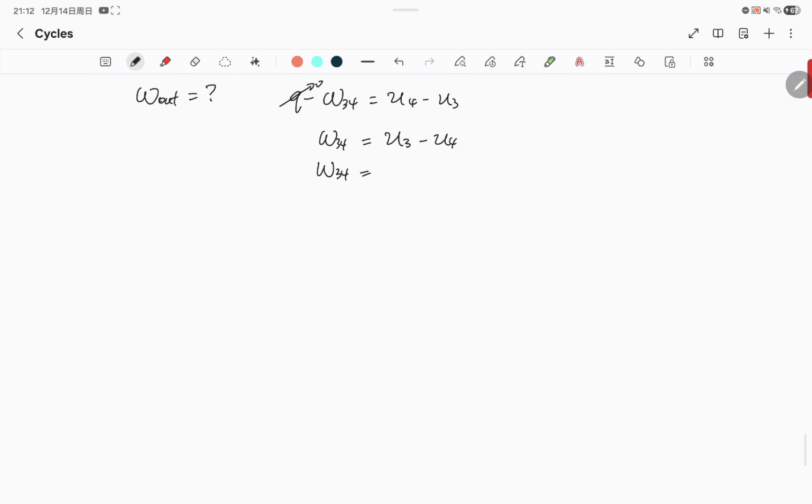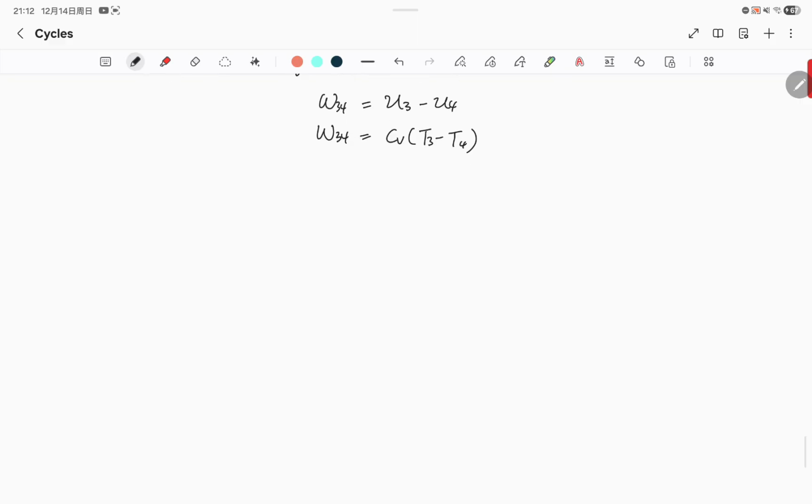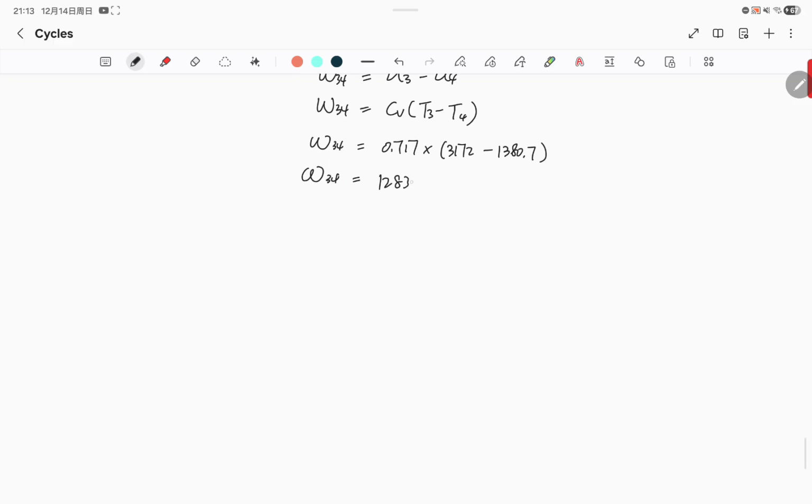We're going to replace delta U by CV delta T. We can do this because, again, this is ideal gas. And that gives me this much.